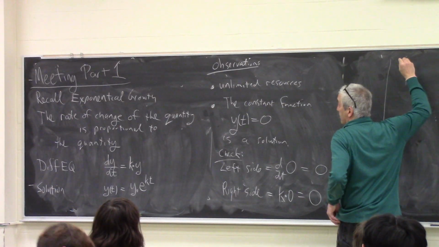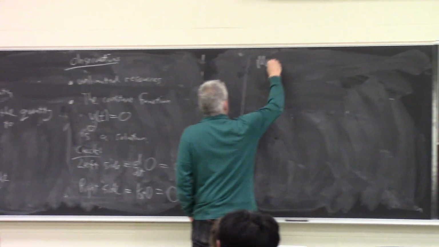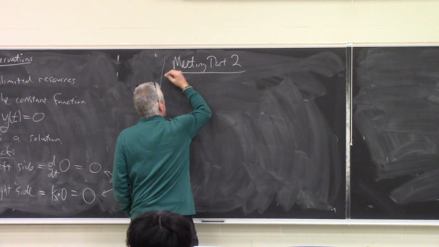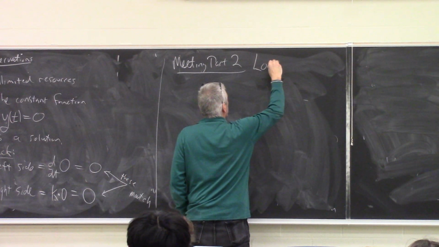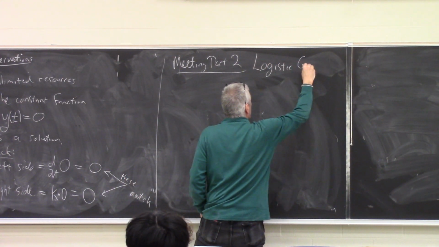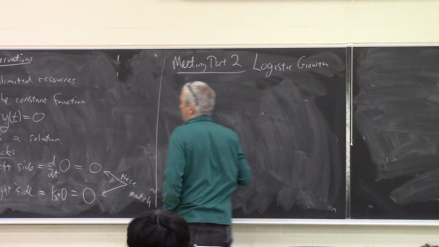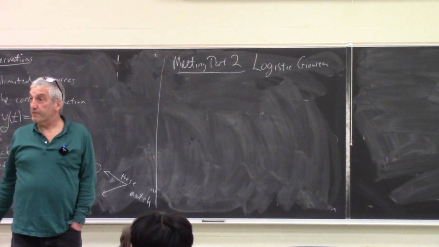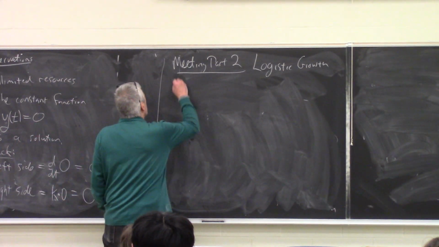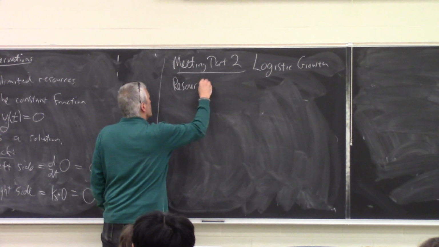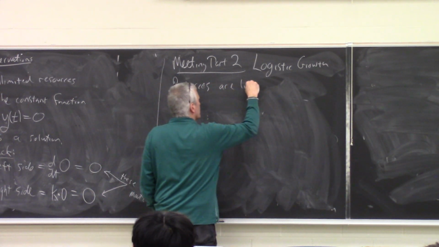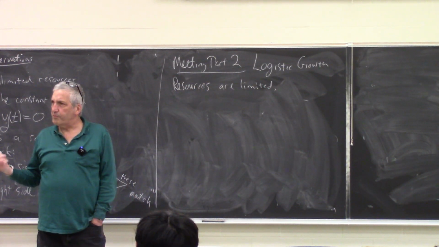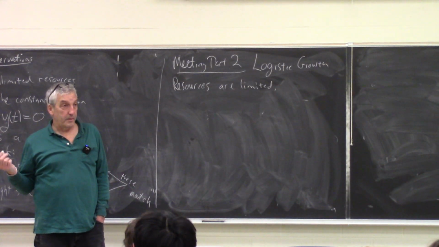Okay, meeting part 2 is what we're going to spend the rest of the hour talking about, which is logistic growth. So in logistic growth, resources are limited. And so the environment can only support a population up to a certain size.